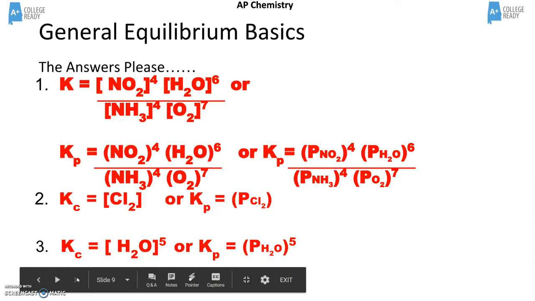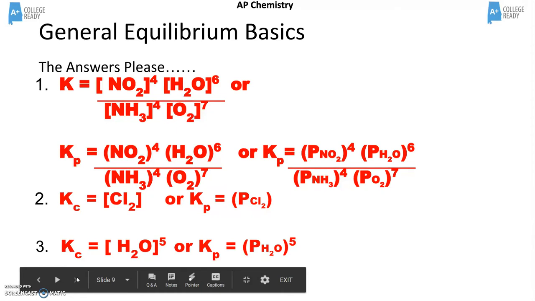You could just put it in parentheses, raised to the coefficient, or Kp is where you have P, pressure of your nitrogen dioxide raised to the 4, your P, pressure of your water raised to the coefficient of 6. Those are your products over your pressure of your ammonia raised to its coefficient of 4, and pressure of oxygen raised to its coefficient of 7.